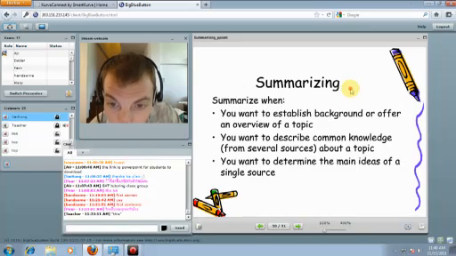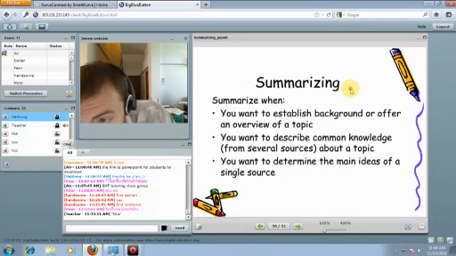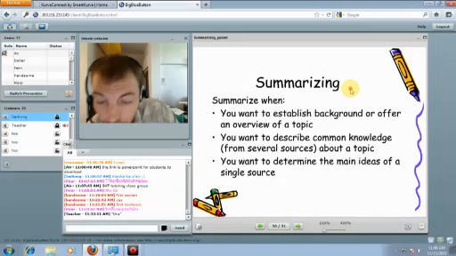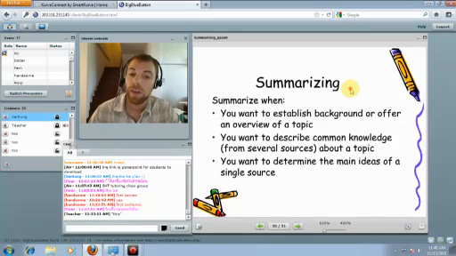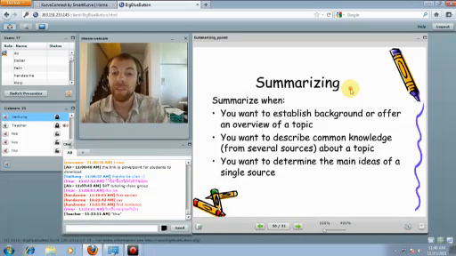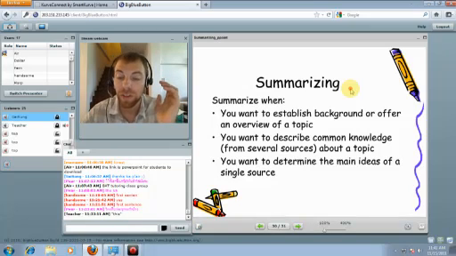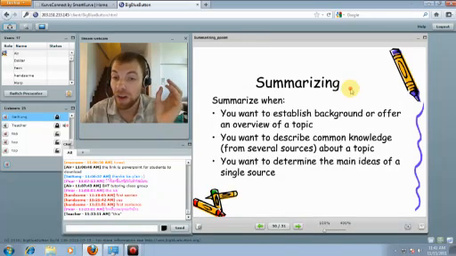So summarizing. You summarize when you want to establish background or offer an overview of a topic. So it's a good idea if you have a lot of things to talk about, many things, you summarize.